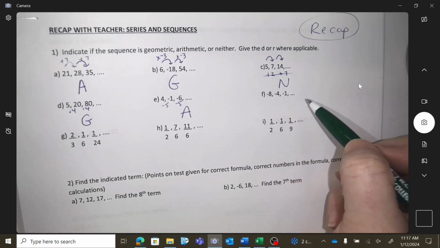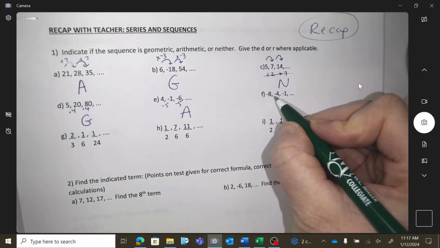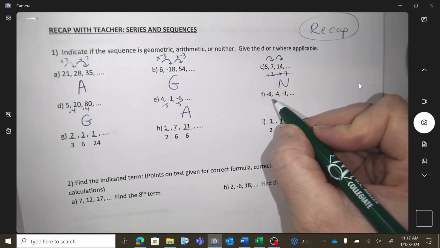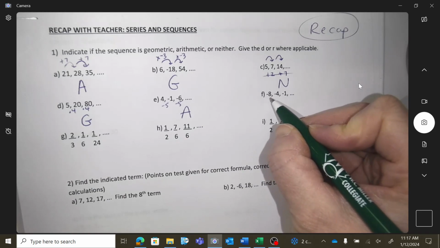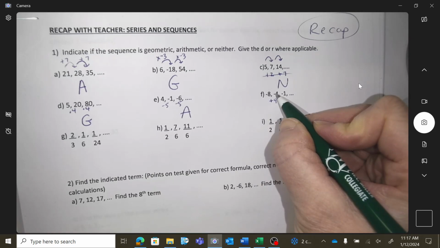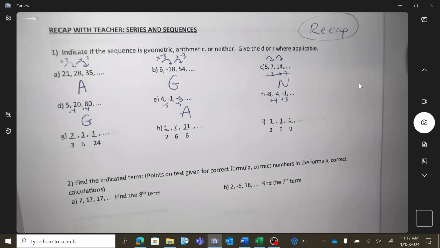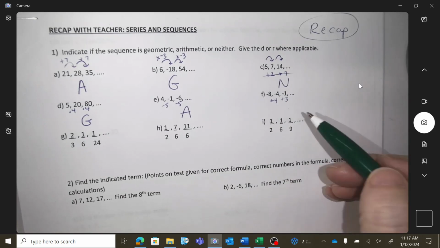Is there the same adder or the same multiplier on this one? If I wanted to check out the adding, this would mean I would have added 4 on that jump, but then that jump is only by 3, so then that's a no-go.